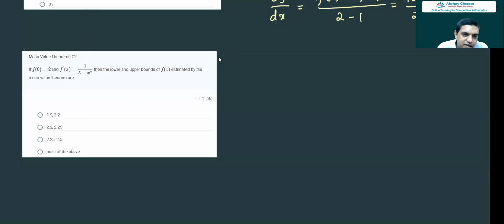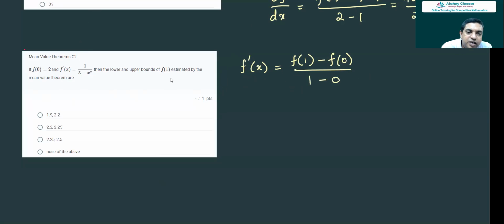What mean value theorem says is there will be at least one value of x where the derivative will be equal to the slope of the chord. So given f of 0 and f of 1.